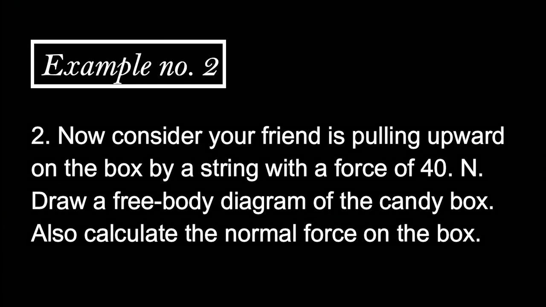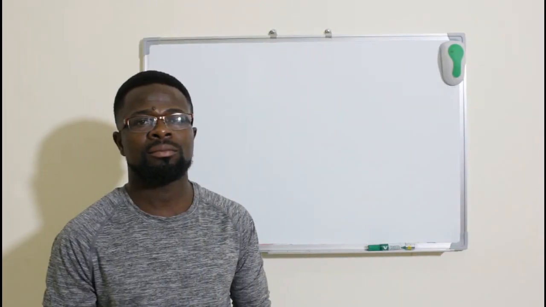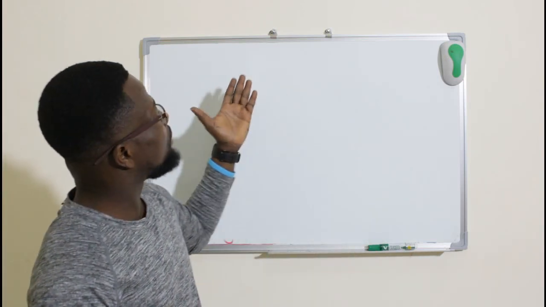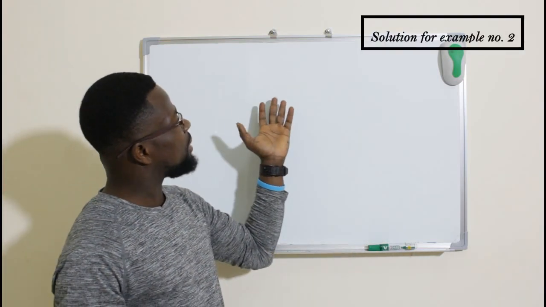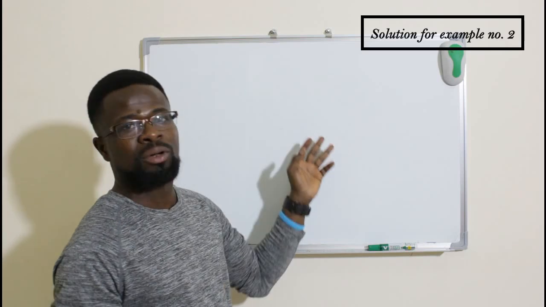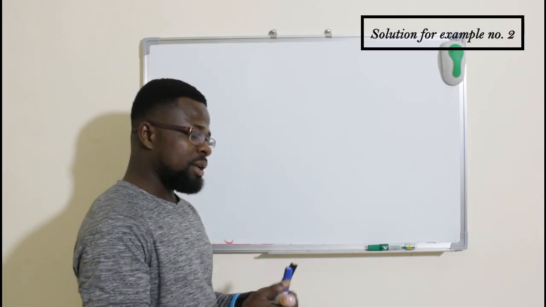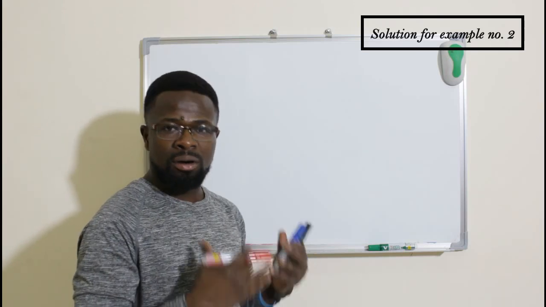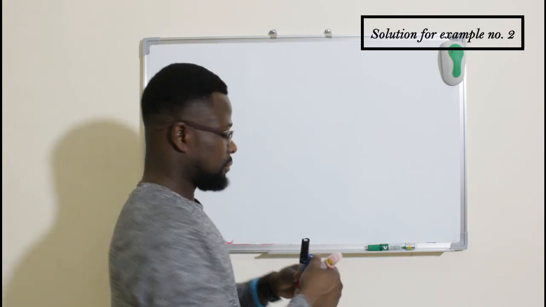Number 2, calculate the normal force on the box. When you look at this particular problem, it seems the problem is just a continuation of example number 1. So, let's try and get a pictorial view of the question.